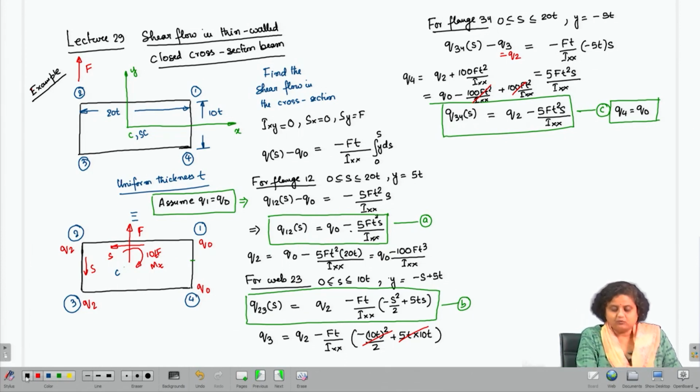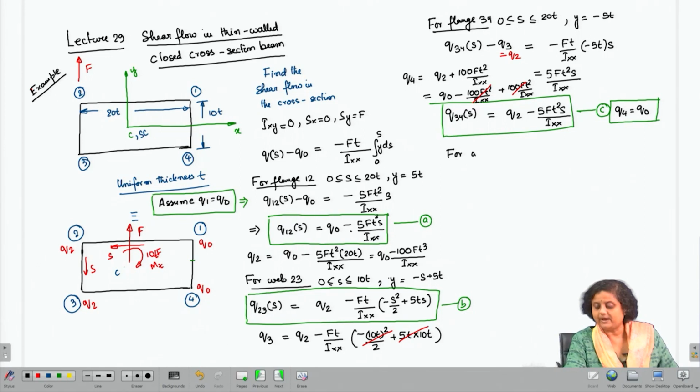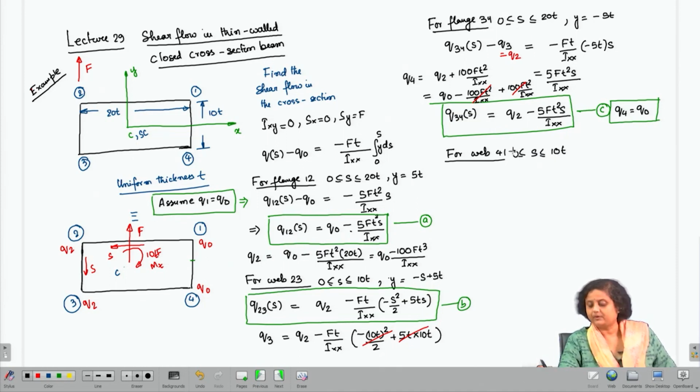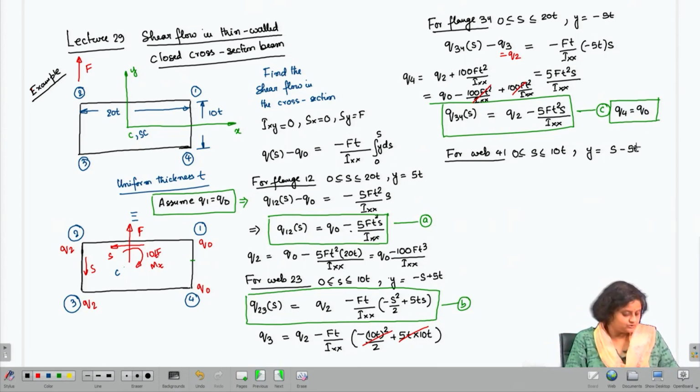Now, let us move on to the web. Now, for web 4-1, S lies between 10t and 0 and y is going to be S minus 5t.